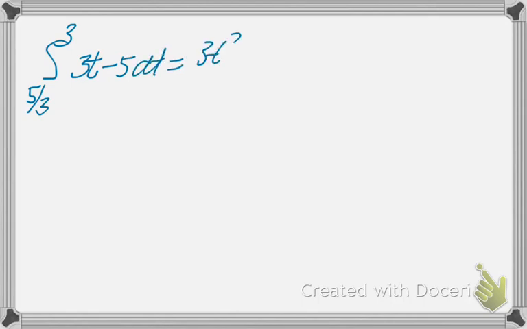Okay, let's go to the second integral. That one went from 5/3 to 3, and that one is for all positives, so 3t minus 5. First we're going to put in the 3.